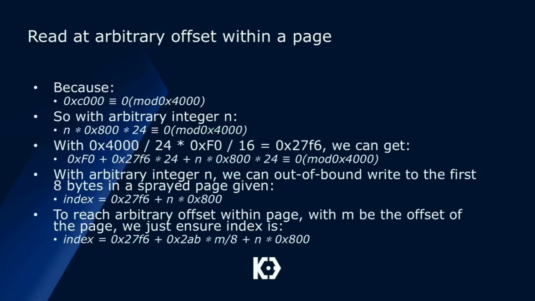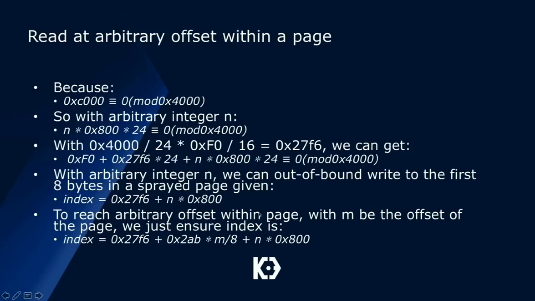Because 0xC000 is divisible by 0x4000, all index values where the remainders divided by 0x800 are the same will always OOB write to the same offset in the mInlineArray. With this fact, we get the conclusion that given the index equals 0x27f6 plus n multiplied by 0x800, we can always overwrite the first 8 bytes in a sprayed page.